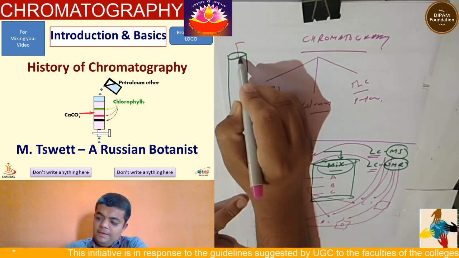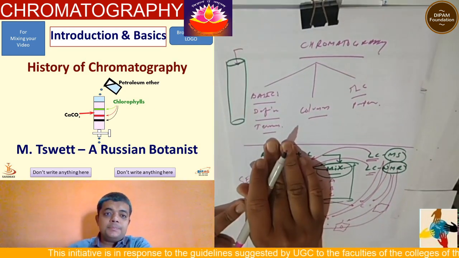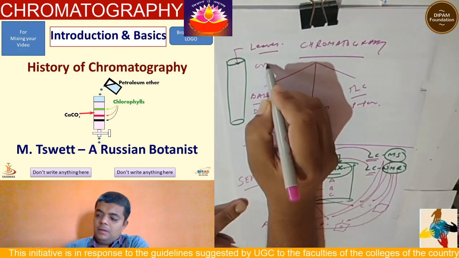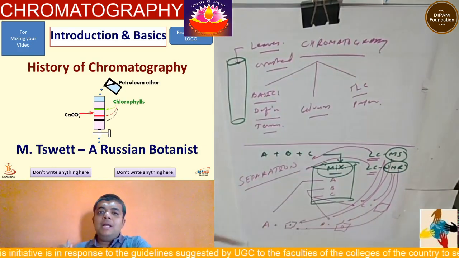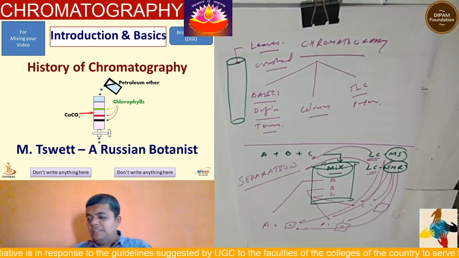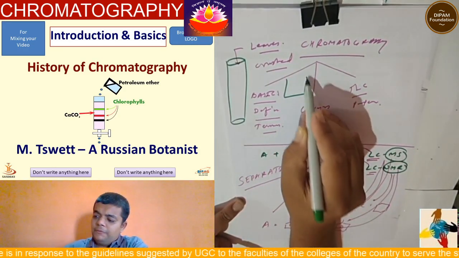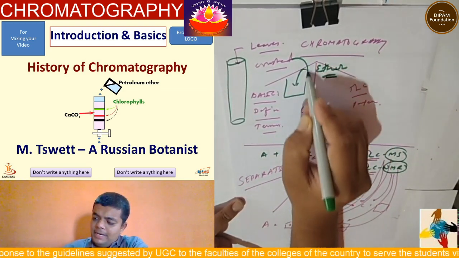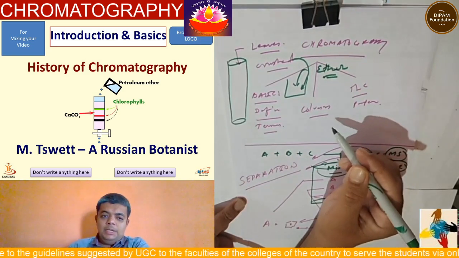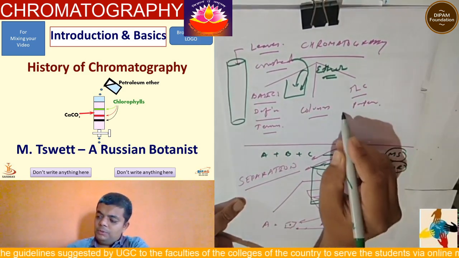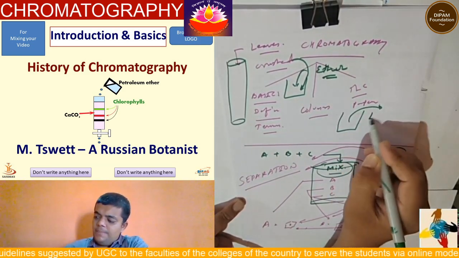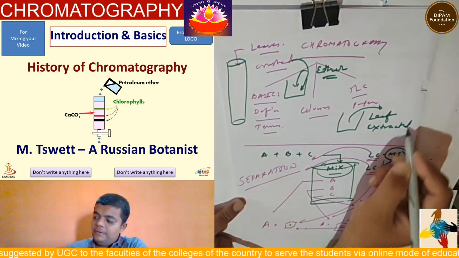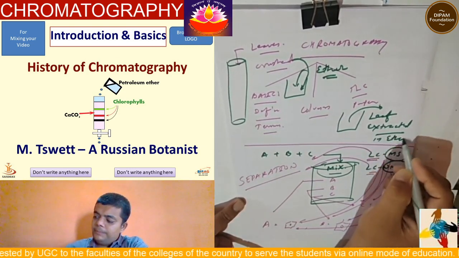What this honorable scientist did, he just took some leaves, crushed them down, and after crushing them, he took a beaker full of ether and added the crushed leaves to it. He just kept on stirring it so he could get some part of the leaf extracted in ether.